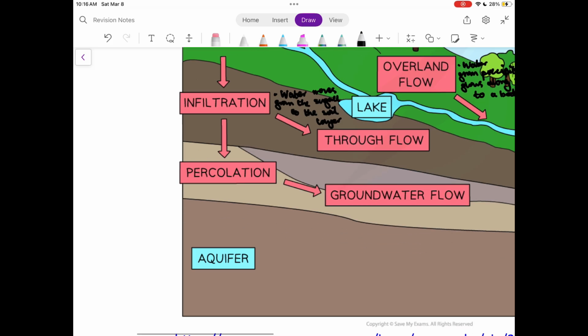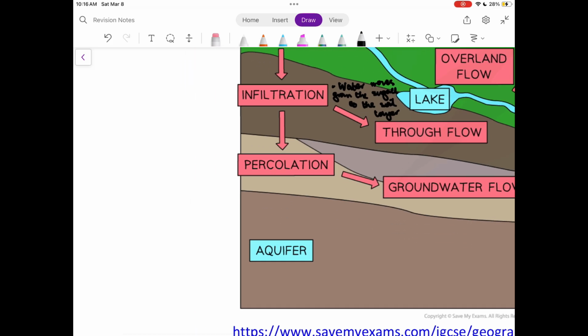And then percolation is when water moves from the soil layer into the rock layer.